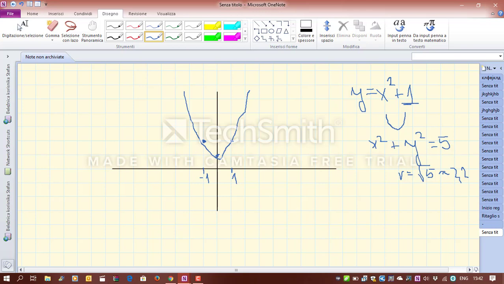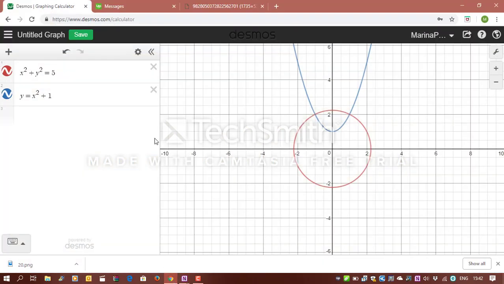And when you draw that circle precisely, you can use a protractor. You will see that the points of intersection will be the point with coordinates minus 1 and 2, and the point with coordinates 1 and 2. So their sum will be 4 again, and because this drawing is not so good, I will show you the best way here.